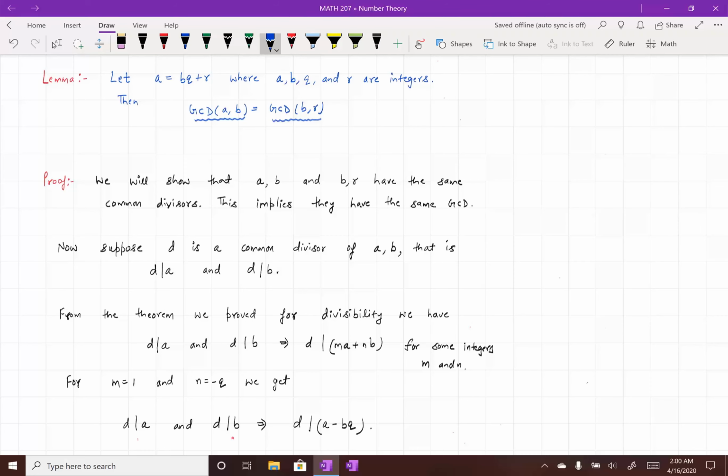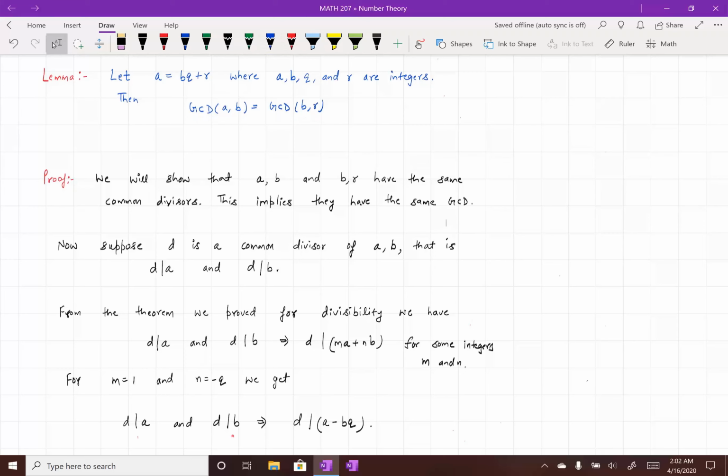To prove this lemma, where we have to prove that the GCD of A and B is going to be equal to the GCD of B and R, where A can be written as B times Q plus R, our idea is to show that the pairs A, B and B, R have the same common divisors.